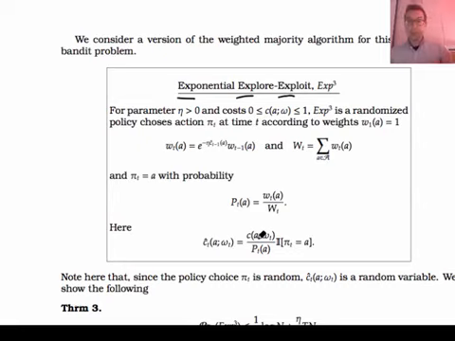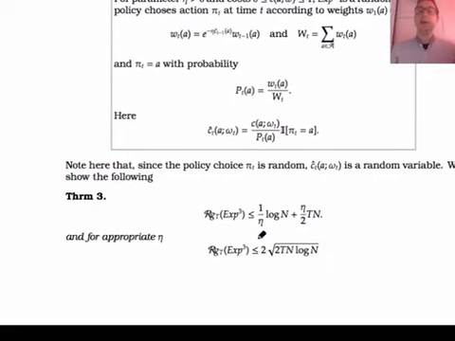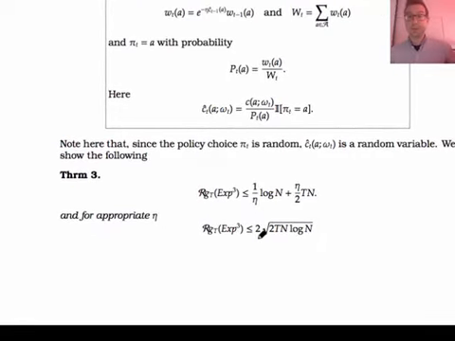And what we can show, and we'll show next time, is that the regret that we can get out of this policy is 1 over eta log n plus t times eta divided by 2 times n.